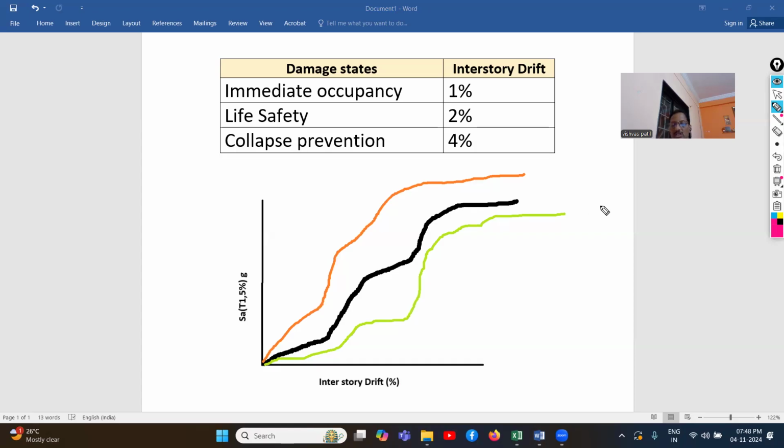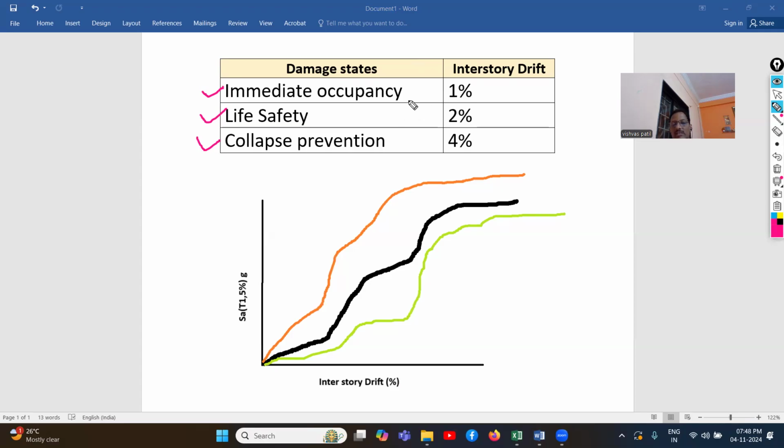In one such document, FEMA 356, three damage states were defined: immediate occupancy, life safety, and collapse prevention. These are simply the damages in the structures, and they are also quantified.